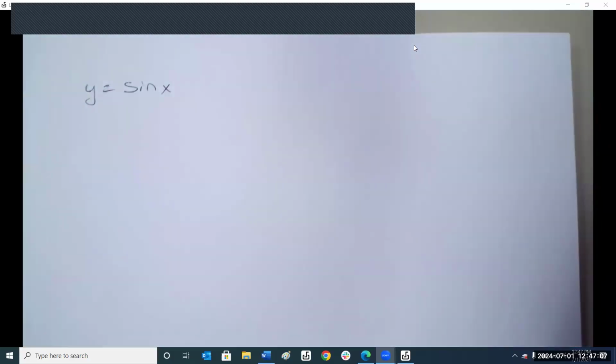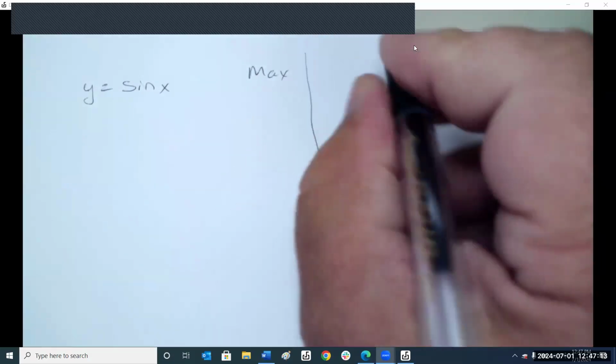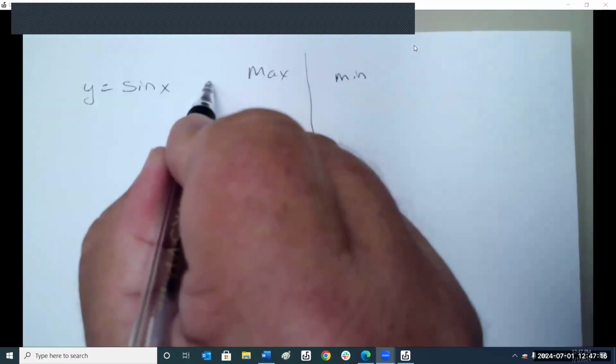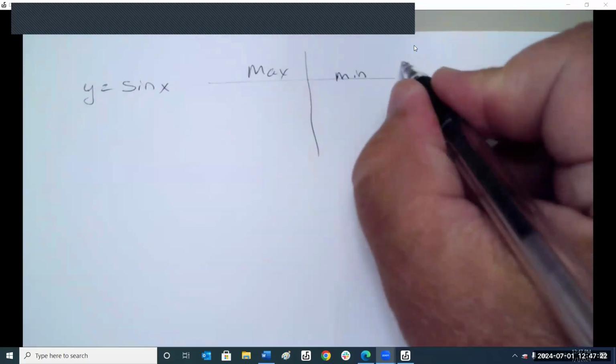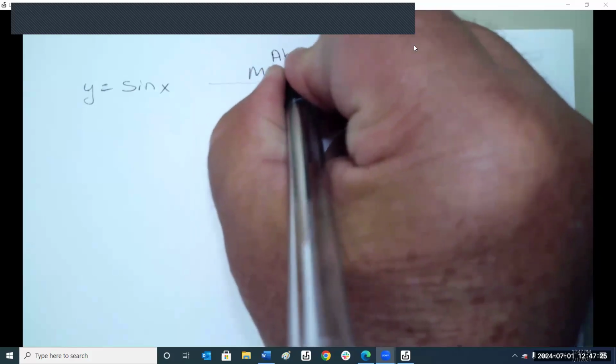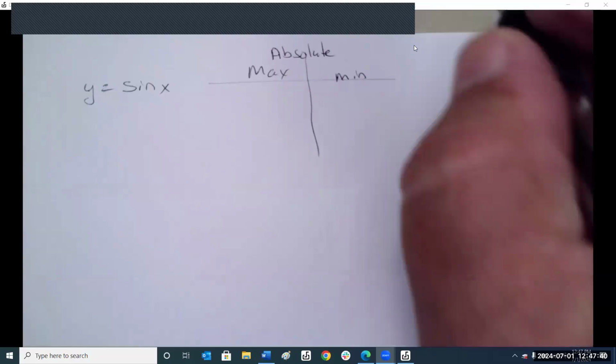Okay, I'm going to give you some questions here. Maximum, minimum. Tell me if they have a max and or a min. Sine function. Is it absolute?